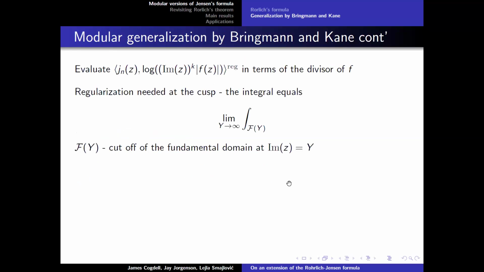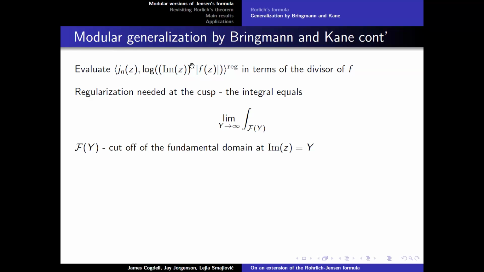Okay, so the modular generalization by Bringmann and Kane actually amounts to computing the regularized inner product of the log norm of f, but no longer against a constant, which is 1 or any constant, but against this function Jn, which is J1 acted upon by the nth Hecke operator.